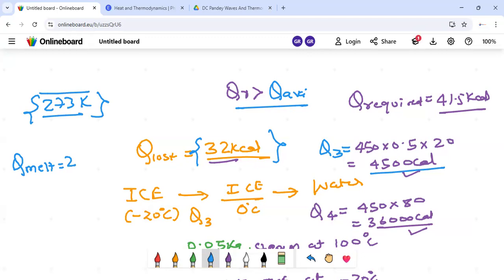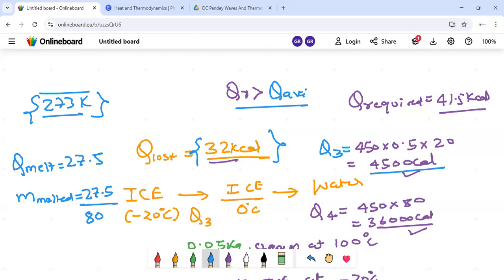This is 27.5 kilocalorie, and simply the mass of ice melted, you can say, 27.5 divided by 80. Sir, but we should convert 27.5 into calories, sir. Yeah, 27.5 is in kilocalorie, no?